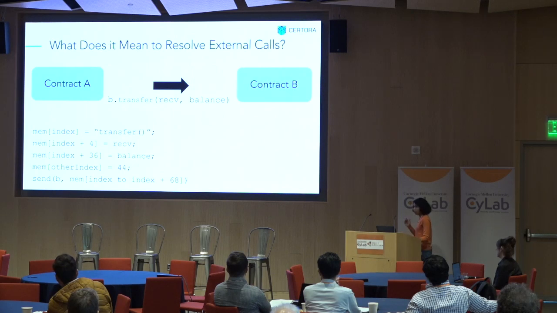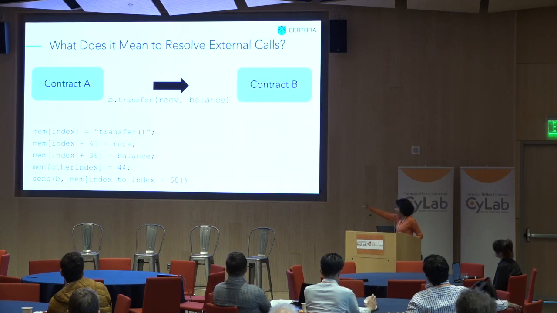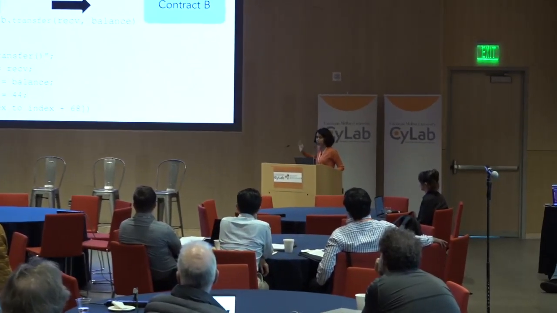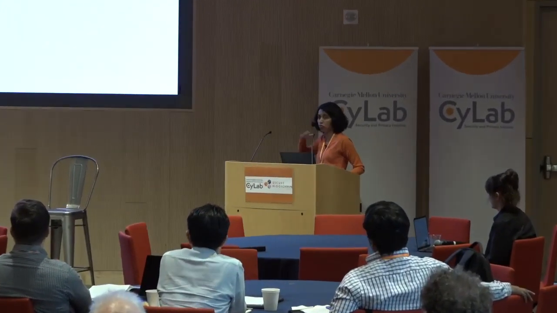So just to give you a little bit more of an example here, let's say that at some index called index, you are writing the value transfer, and then 4 indices from there, you write the value of receiver. Then that takes 32 bytes, and then at index plus 36, you write the value of balance, and then at some completely other index, you write some arbitrary number, 44.